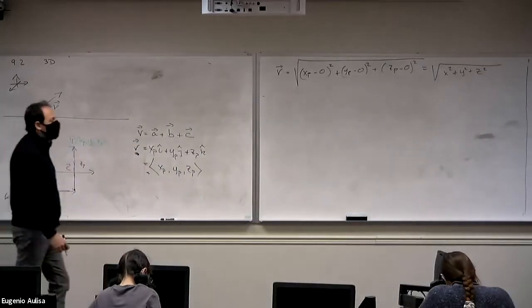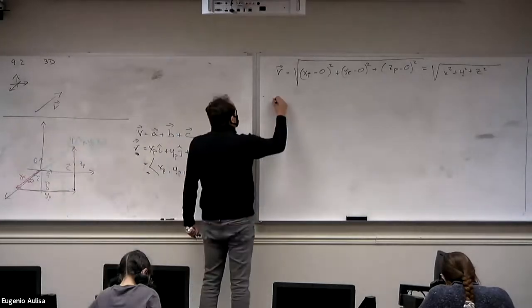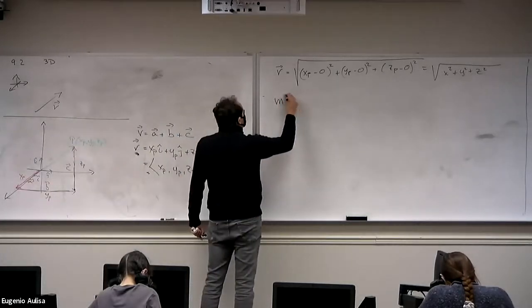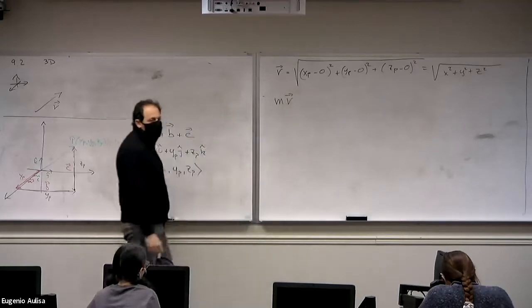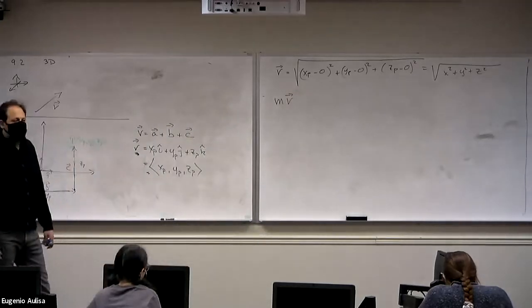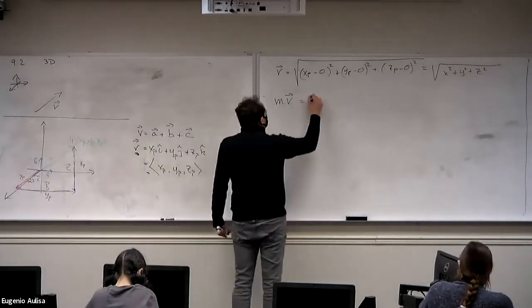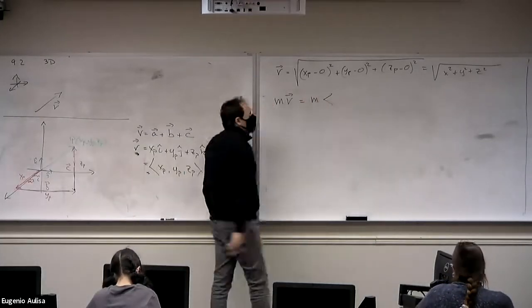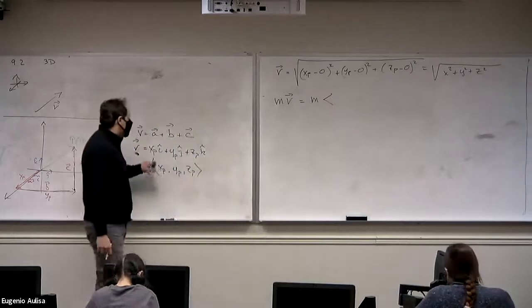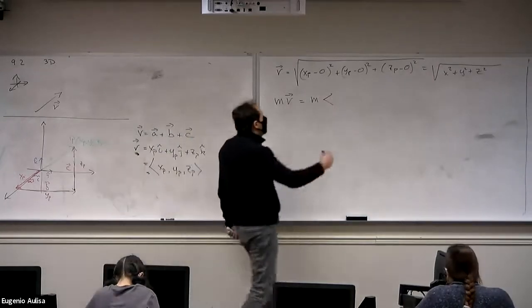What's going to be the scalar multiplication by n of vector V? It's going to be n, which multiplies the vector xp, yp, zp.